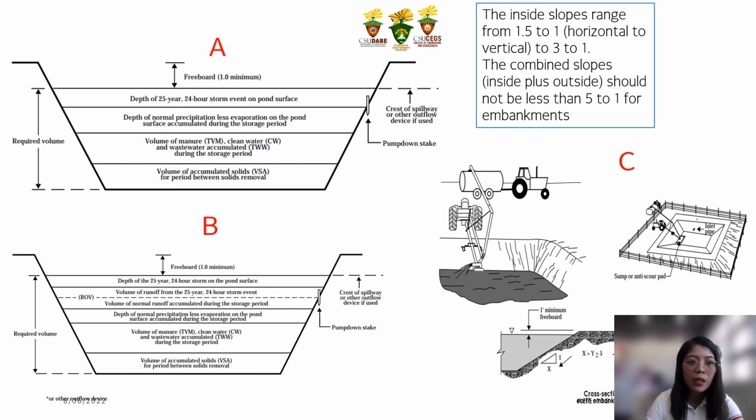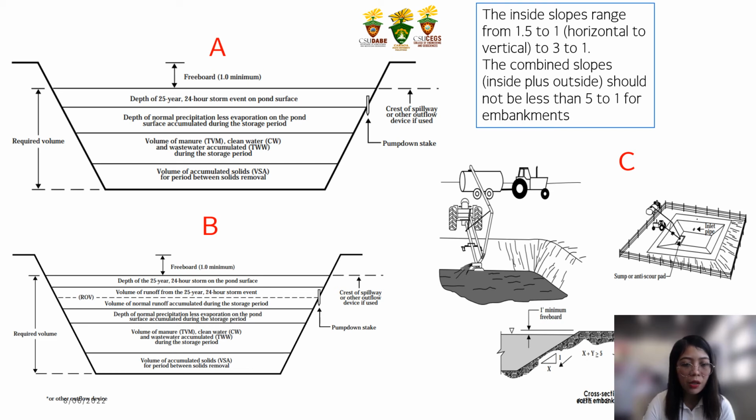Soil safety and operation and maintenance need to be considered in designing the slopes. The minimum top width of the embankment should be 8 feet. However, greater widths should be provided for operation of tractors, spreaders, and portable pumps.